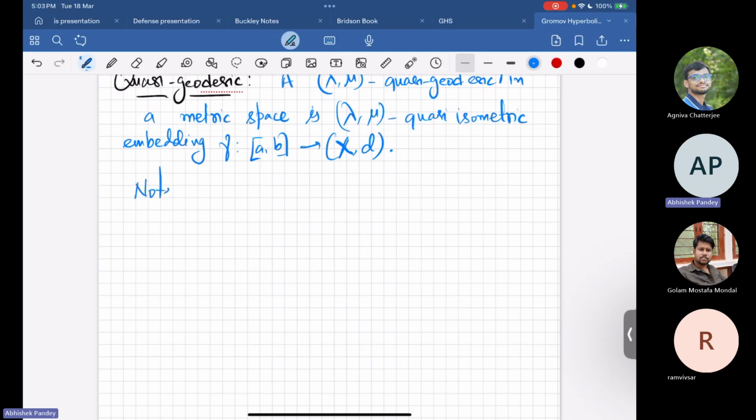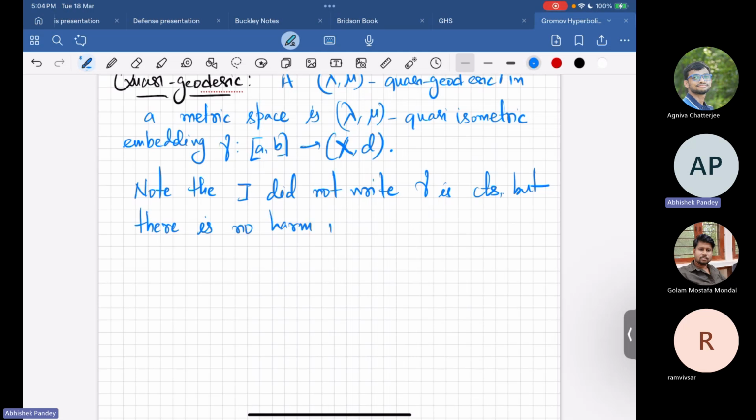So note that gamma need not be continuous, but there is no harm in assuming it is, as the following result suggests.